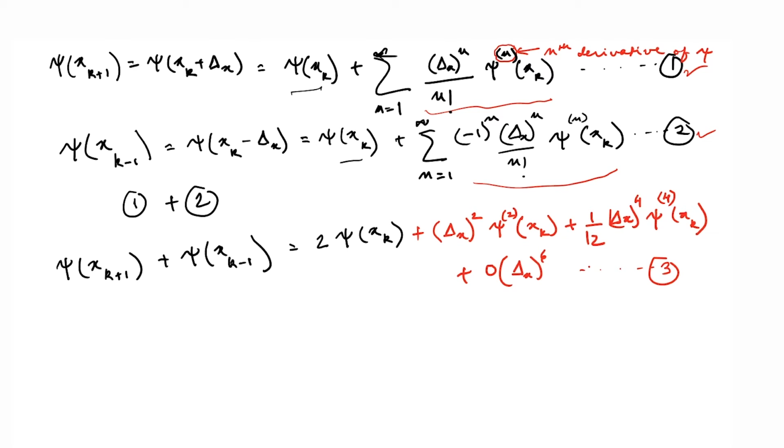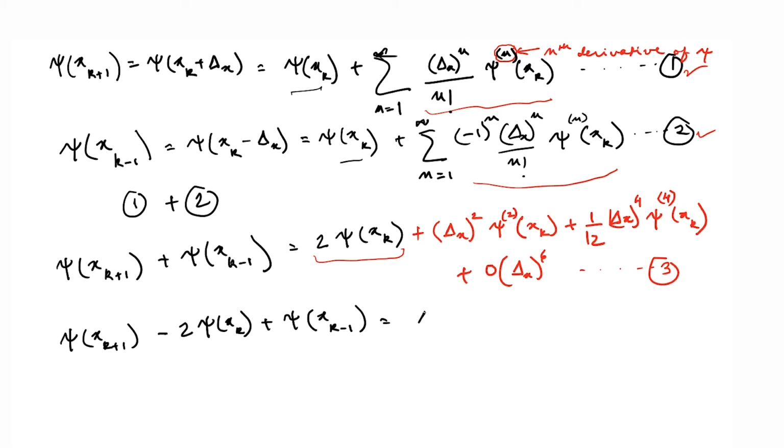So, the next step, what I will do is pick this psi x and bring it to the left hand side. If I do that, what I land up with is psi x k plus 1 minus twice psi x k plus psi x k minus 1.